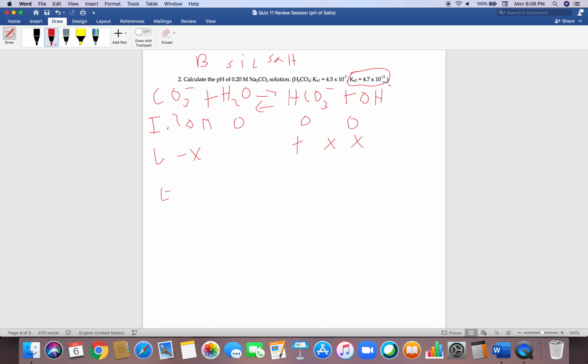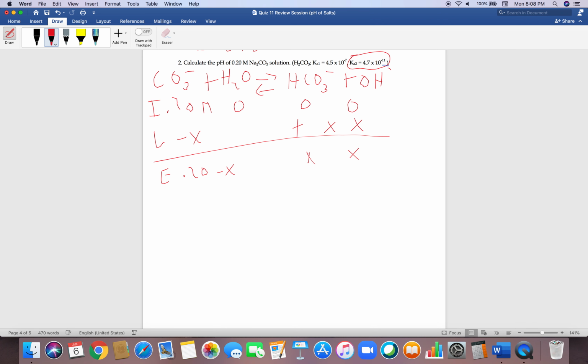And at equilibrium, I'm going to have 0.2 minus X, and then plus X and X. Because I'm looking at this hydroxide ion concentration to get my pH, I need to make a Kb expression, and the Kb expression would equal, algebraically, X squared over 0.2 minus X.